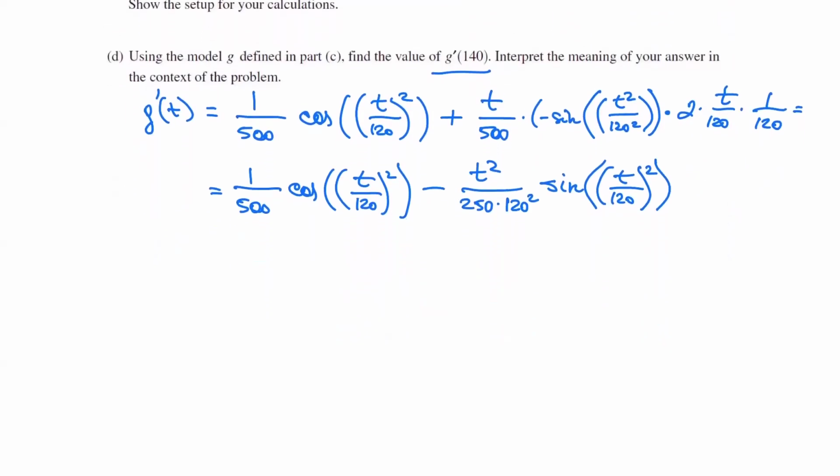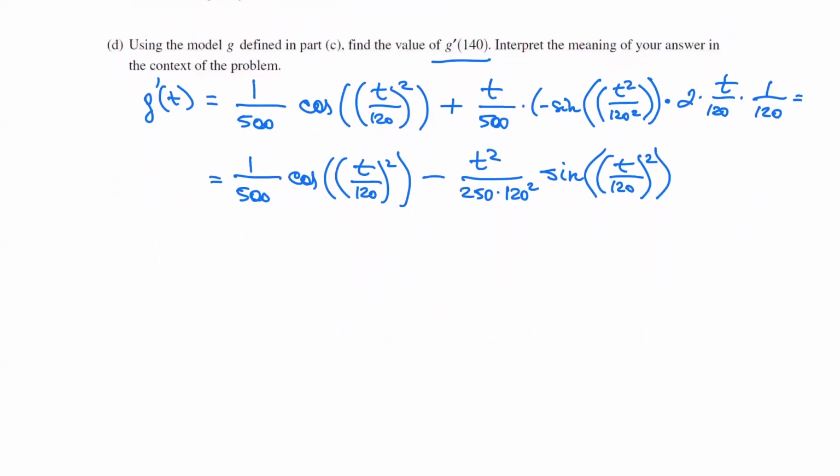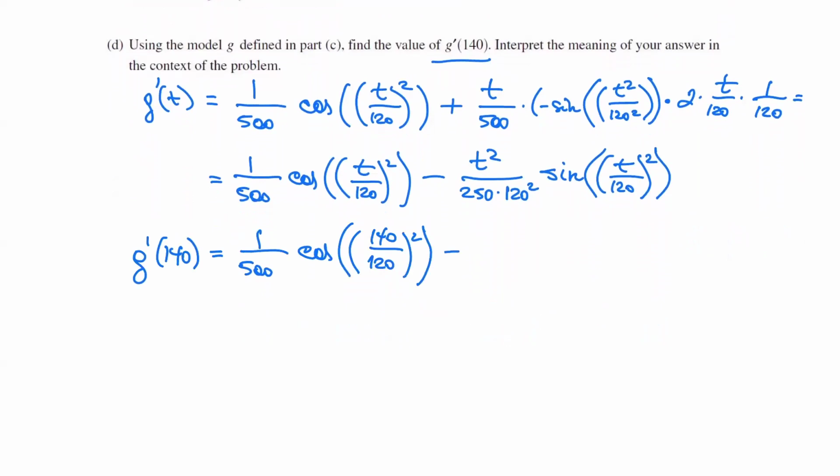Let's plug in t equals 140. We get that g prime of 140 is equal to 1 over 500 cosine of 140 over 120 squared, minus 140 squared over 250 times 120 squared, times, again, sine of 140 over 120 squared.